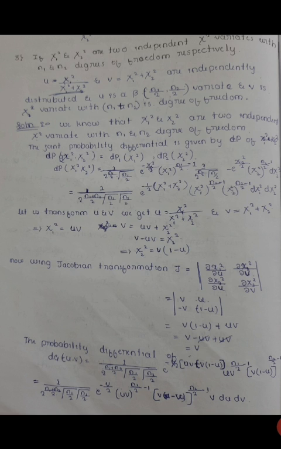Now using the Jacobian transformation, J is the modulus of the determinant with entries ∂χ1²/∂u, ∂χ1²/∂φ, and ∂χ2²/∂u, ∂χ2²/∂φ. What is χ1² = uφ with respect to u? That is φ.